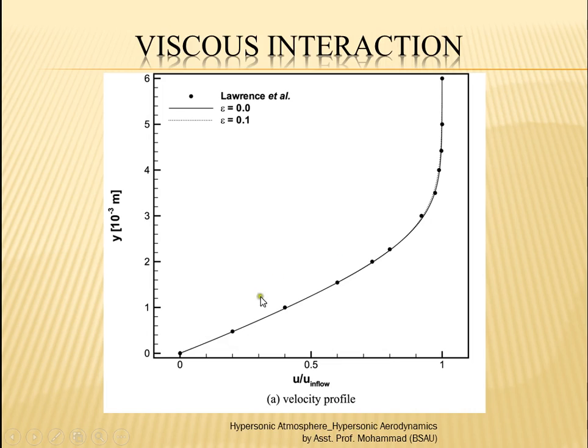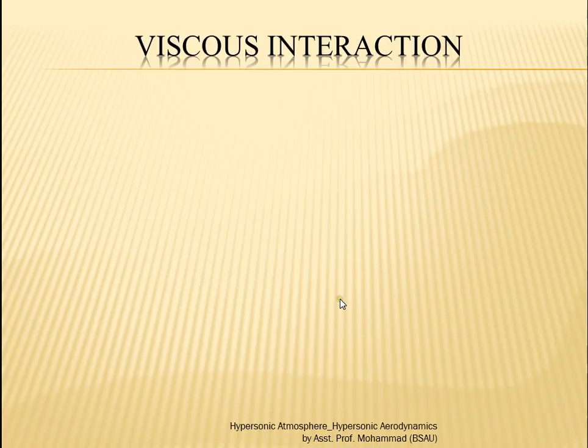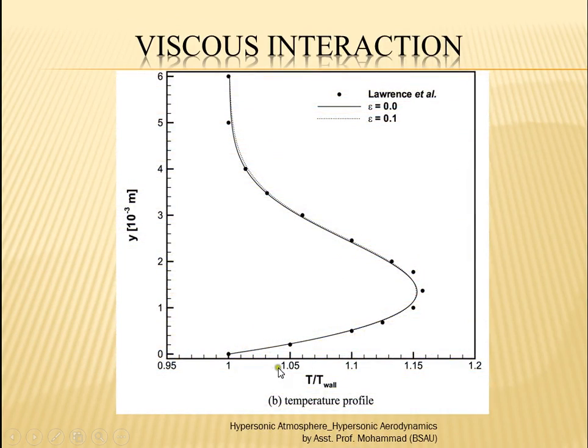That internal energy converts into temperature. So if you just plot the temperature in this region, how does it look? Here the temperature at the surface, at the 0 level, T by T wall, is equal to 1. So the fluid exactly adjacent to the surface has the temperature of the wall itself.